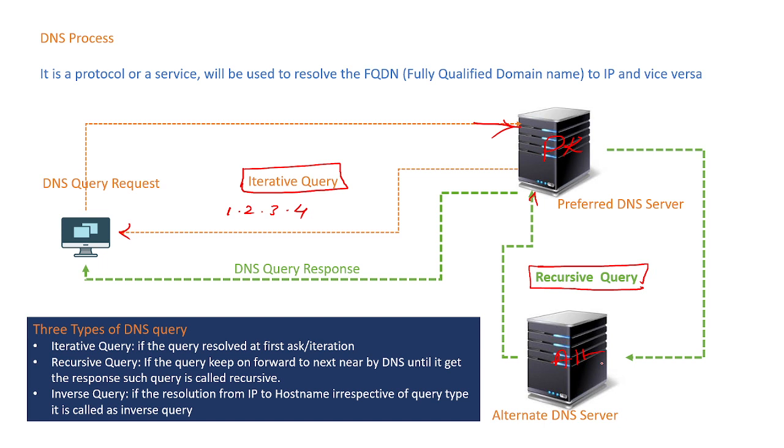Here the queries keep on reoccurring, and that is the reason we call it as recursive query. And the last one is inverse query. Inverse means no matter whether the query is iterative or recursive, if you are trying to resolve by an IP address to host name, that is called as inverse query. Clear?